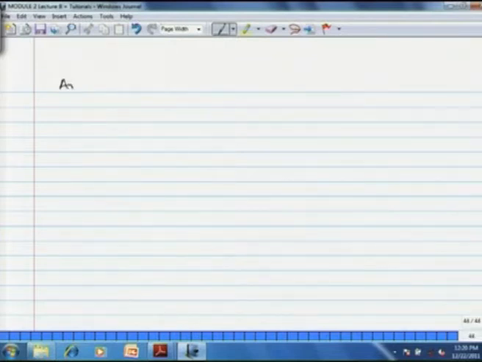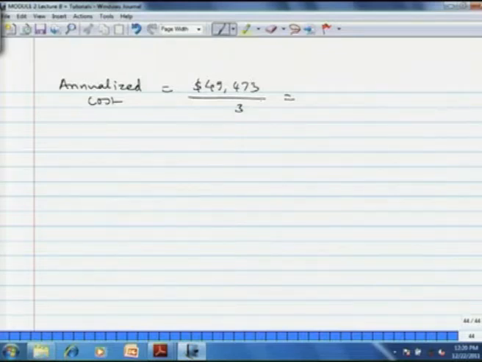So, the annualized cost is $49,473 by 3. The CCF is 1 by 3, okay, or 0.33, whatever it is, and that comes out to be $16,491 per year.